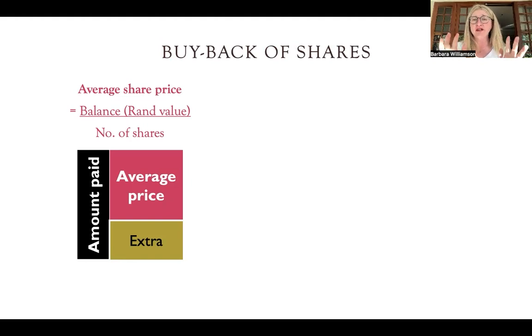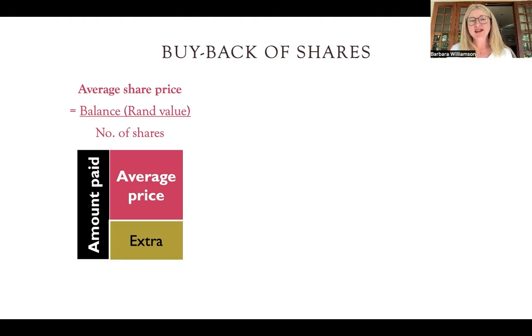So your share capital account might include a number of shares, but all of those shares might have been issued at different prices. So in order to determine what is the value that we can look at as the base to start with when we buy back our shares, we will simply average it out. In other words, we take the total rand value, in other words, the balance in the share capital account at that time, and we divide it by the number of shares in issue at that time.